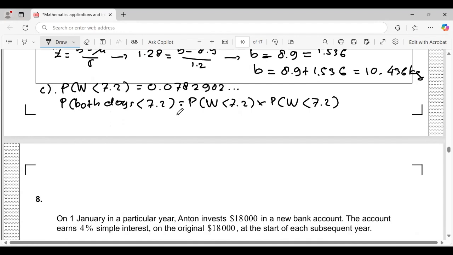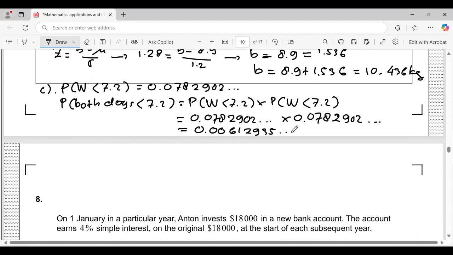It becomes 0.0782902 times 0.0782902, and the result is 0.0061293.